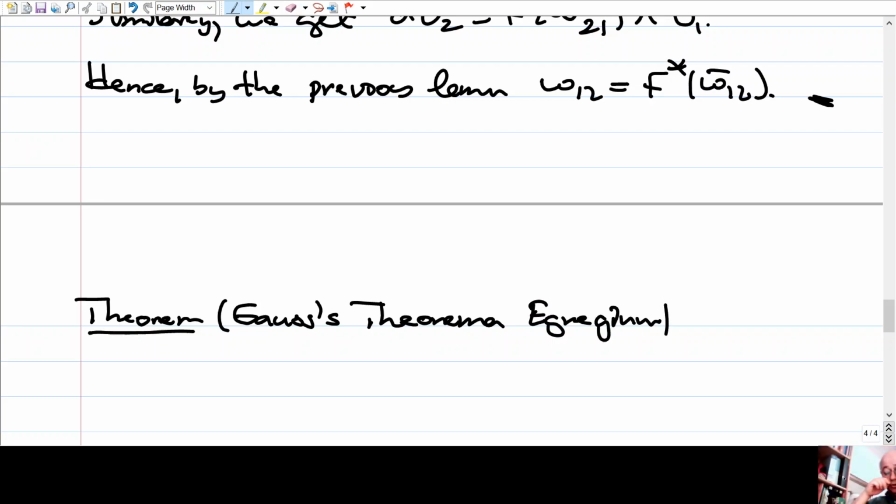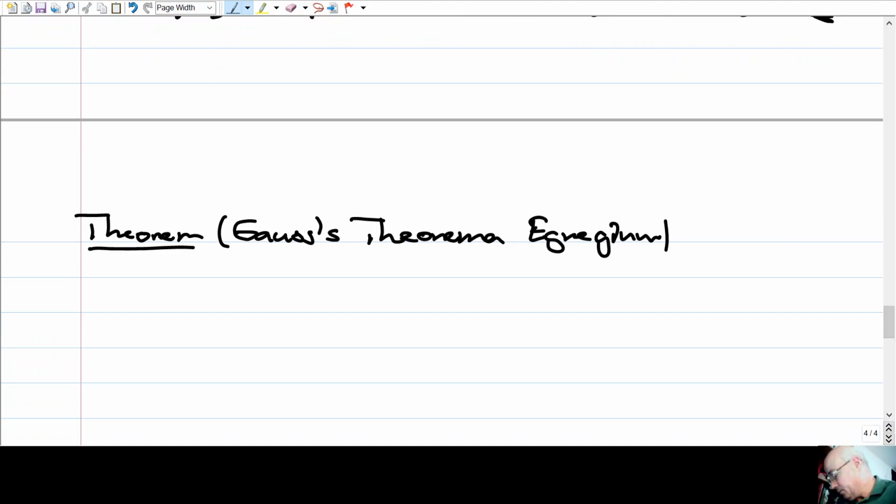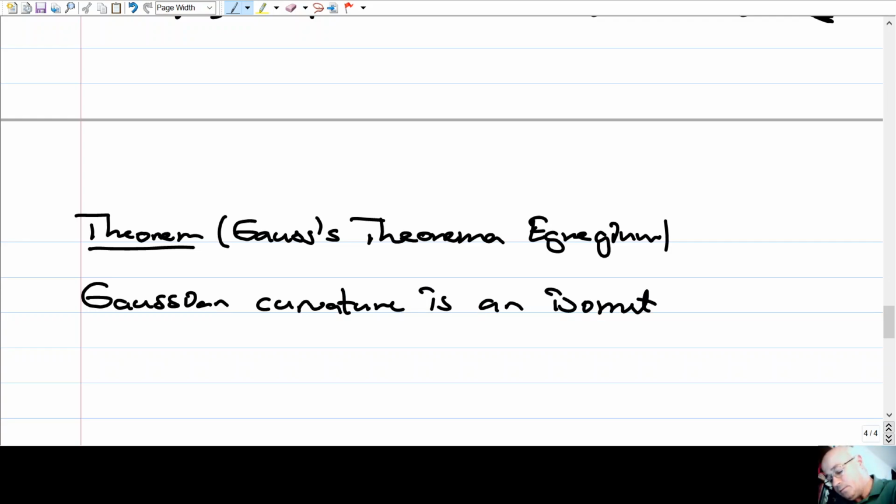The important theorem of Gauss. So, what is this? The theorem states the following: Gaussian curvature is an isometric invariant.